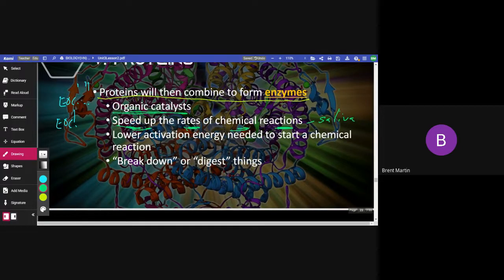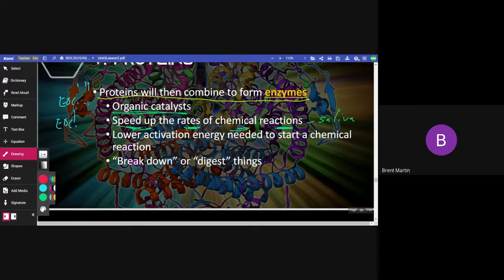Do you think you've got enzymes in your stomach that help you digest food? If you didn't have those enzymes, do you think it would take longer or a shorter amount of time for you to digest food? It would take a lot longer, wouldn't it? So the fact that you've got those enzymes, what does it help do to that chemical reaction? Does it slow it down or speed it up? Speeds it up. You better remember that.